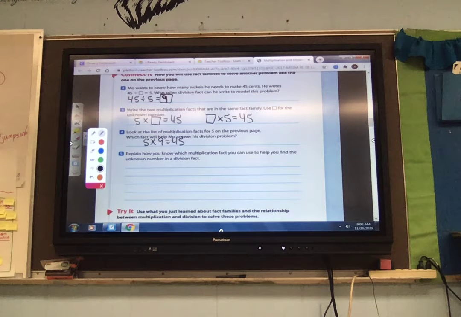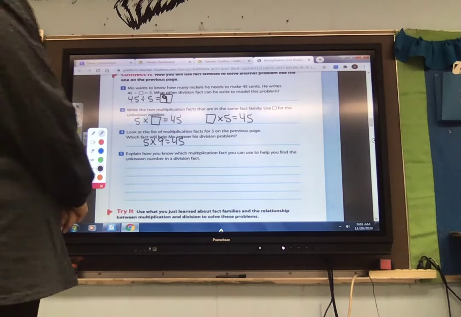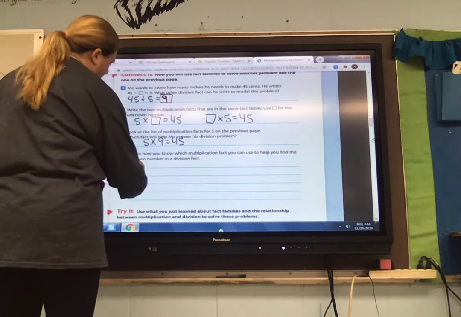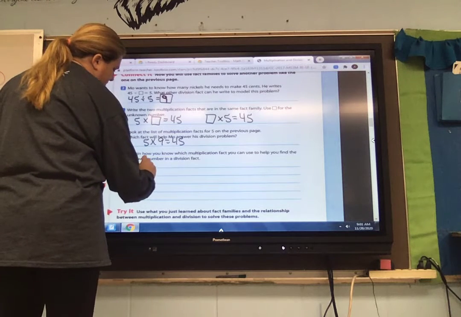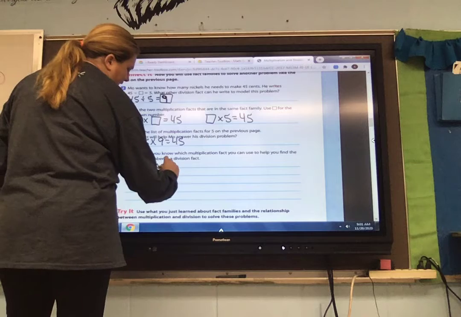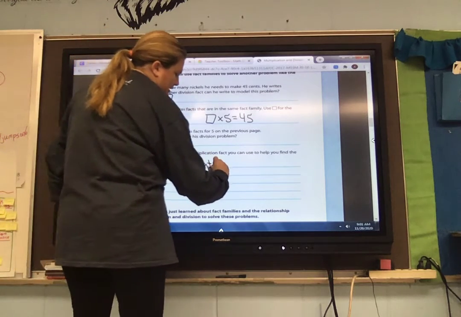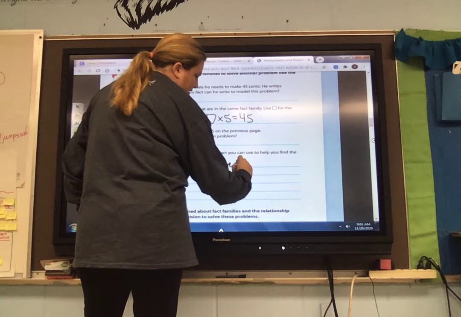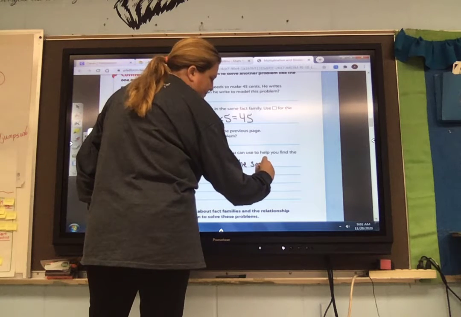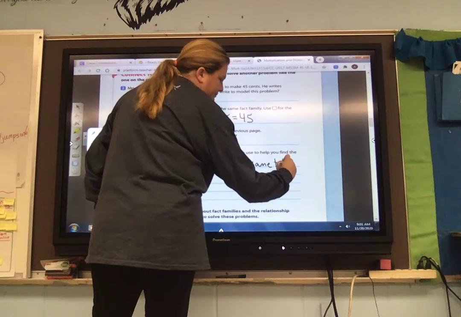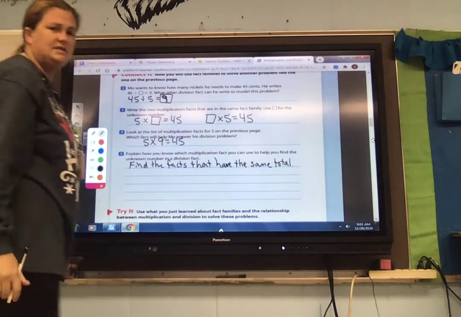Explain how you know which multiplication fact you can use to help you find the unknown number in a division fact. How do we know? You have to find the fact that has the same total. You have to have that same total.